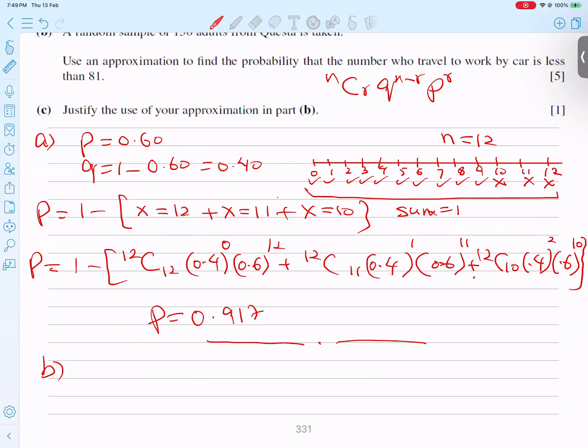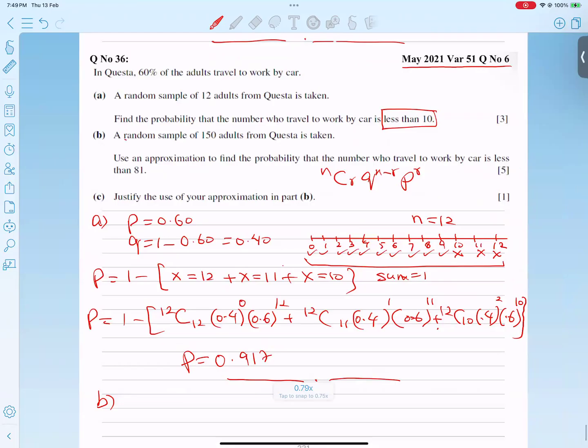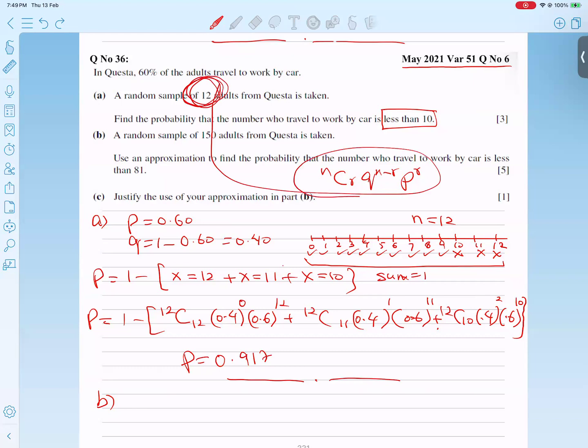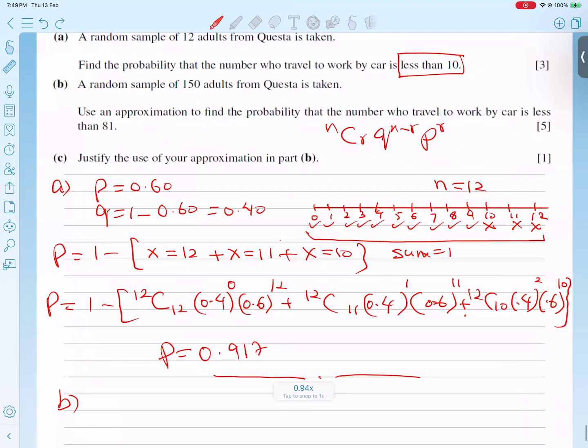Second part, let's proceed. He's saying a random sample of 150. And I said before in the previous lectures, whenever the sample is small, we go for binomial. But when the sample is very big, we can't go for binomial. So if you read the question carefully, a sample of 150 is taken.